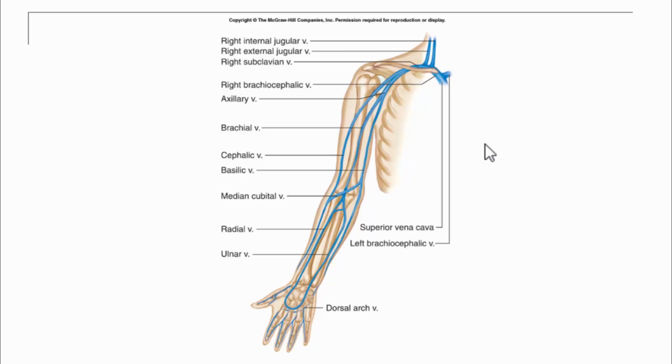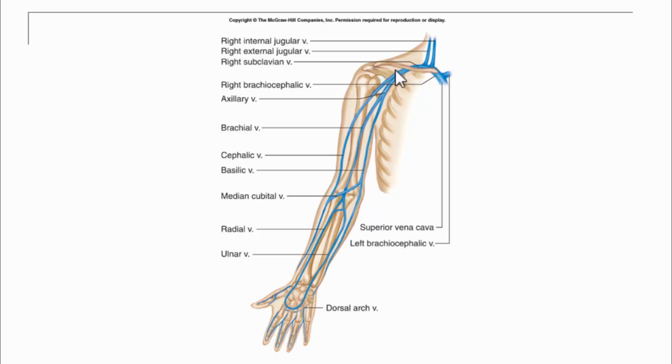So once more to recap, we go from the subclavian to the axillary. If we go straight down the center and deep, we have the brachial vein. At the elbow, it's going to split into the radial vein and the ulnar vein. And then we'll have the palmar arches.